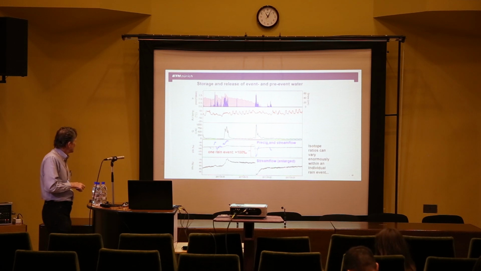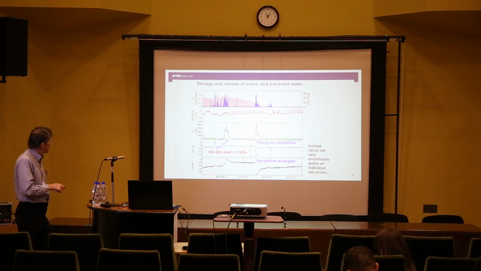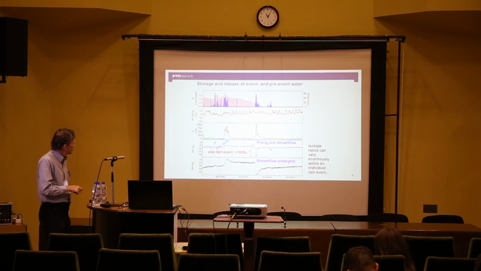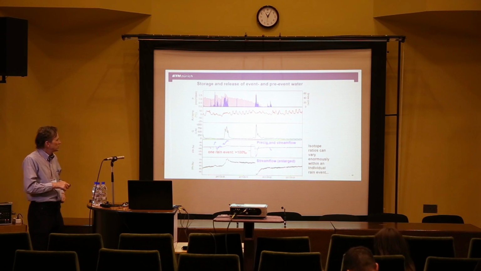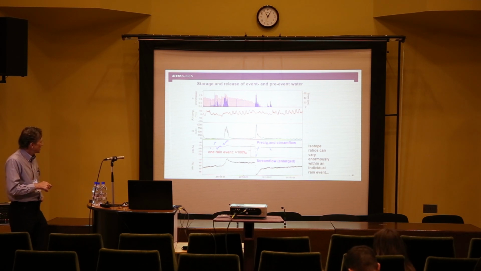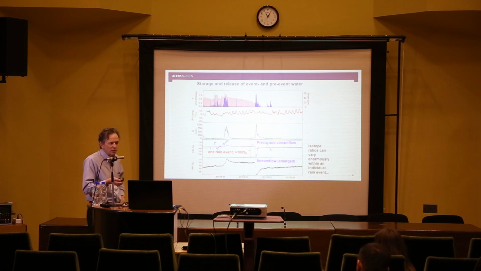And we can even, for example, look at this one rain event where in precipitation, the deuterium signal changes by 100 per mil, and the stream flow signal changes by about 20 per mil, and that's telling us that the stream flow is about 20% rainfall, just as a rough estimate. Okay? So we can do this for one event and another event and so on.